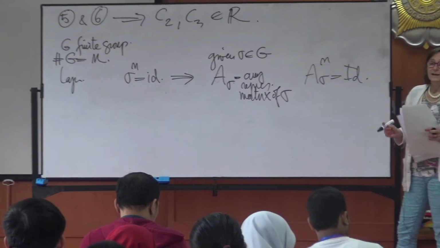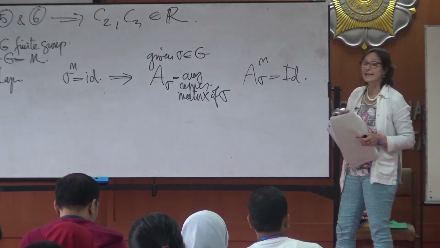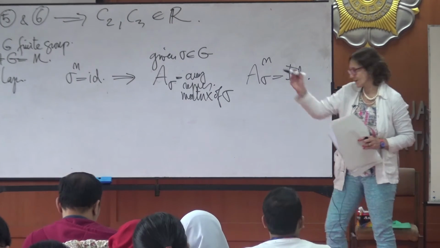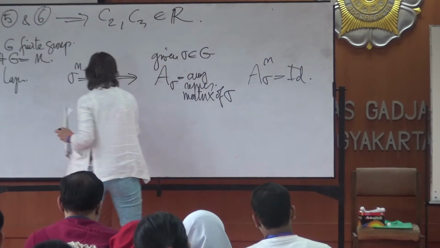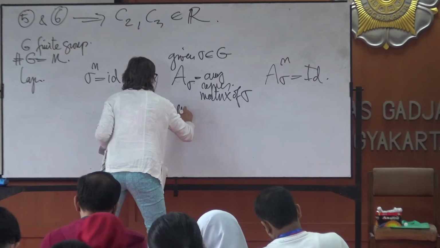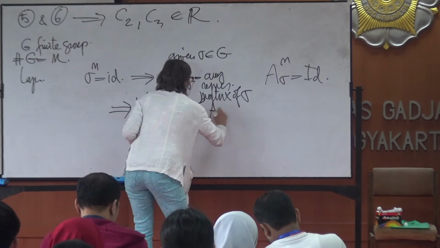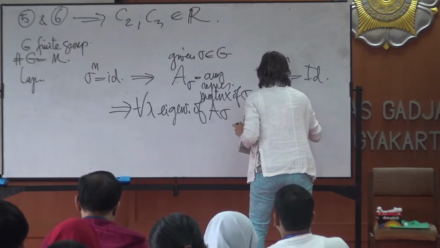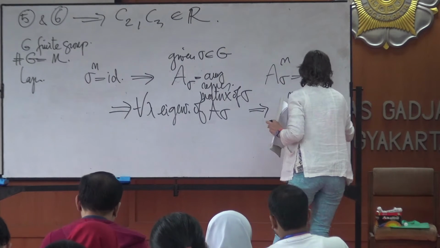And this forces every eigenvalue of the matrix to satisfy a similar equation. So for every eigenvalue lambda of A sigma, lambda to the n is equal to 1.